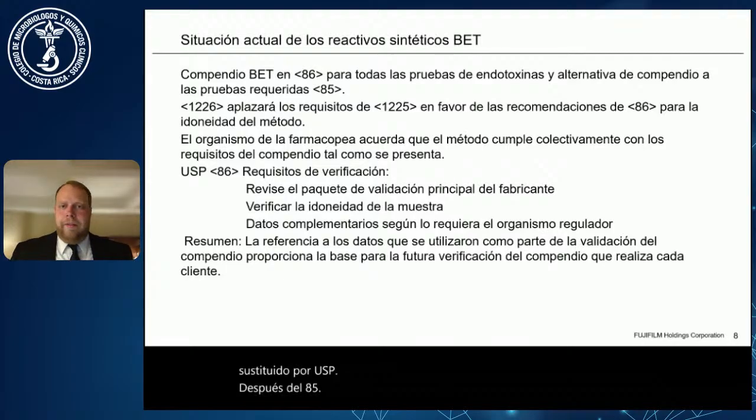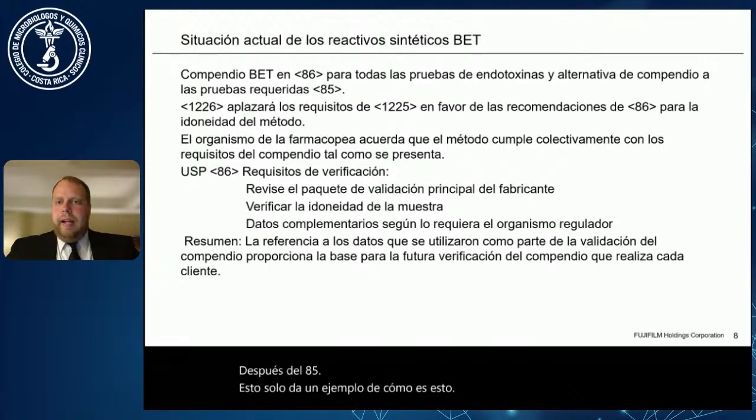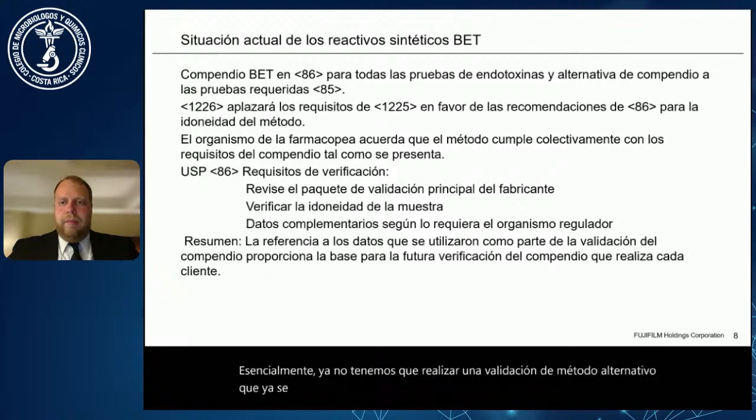So this just provides an example of what this looks like. Essentially, we no longer have to perform an alternative method validation that already has been performed and is referenced with the primary validation package from the manufacturer.